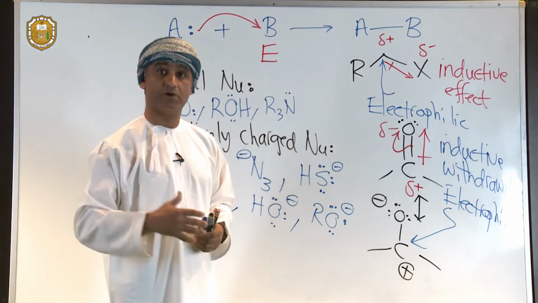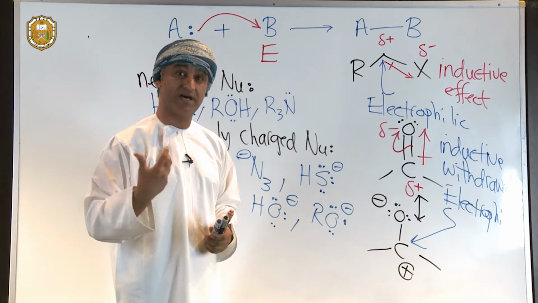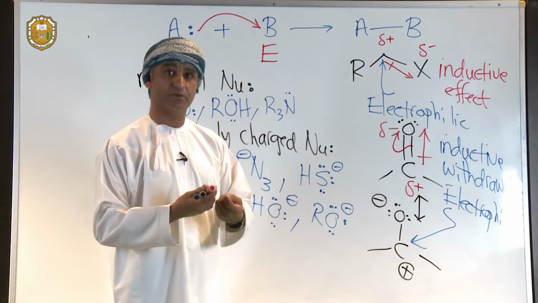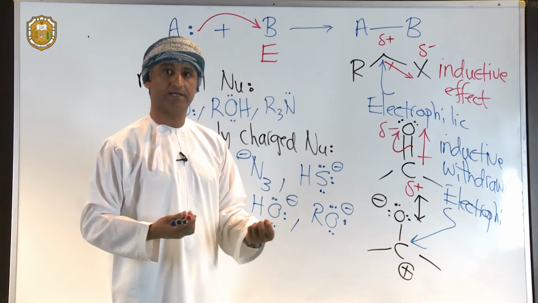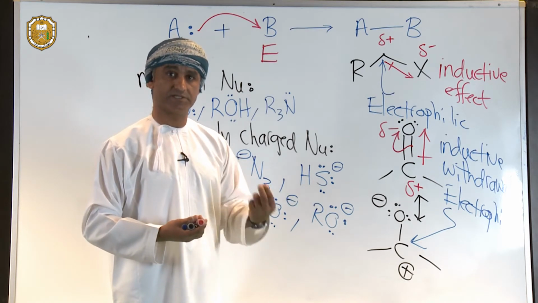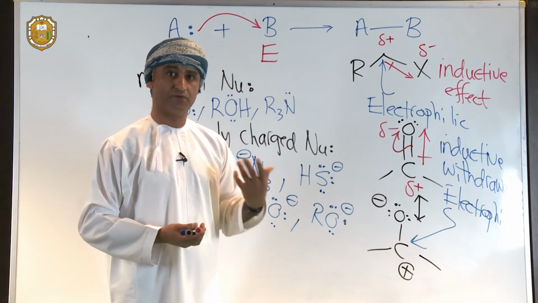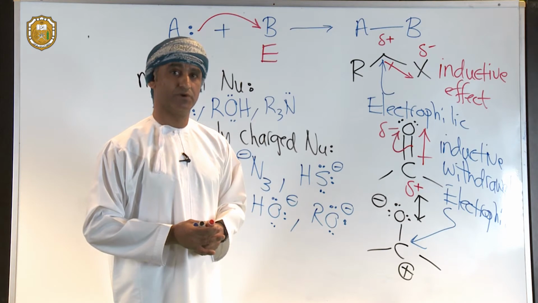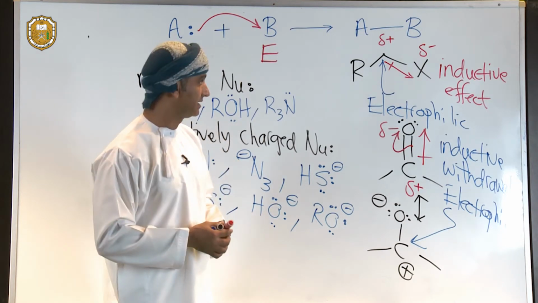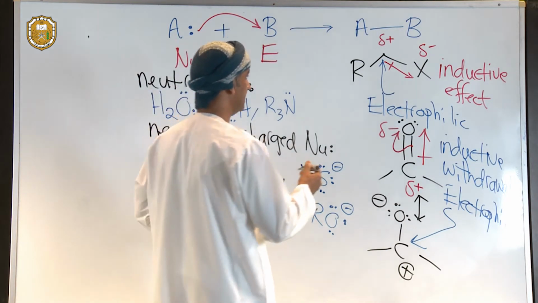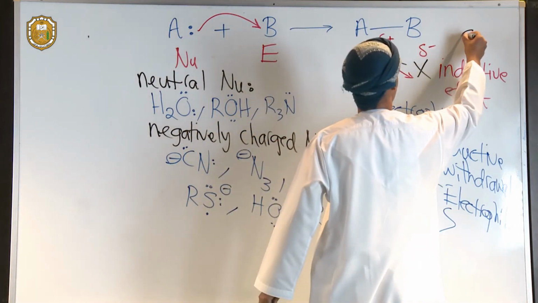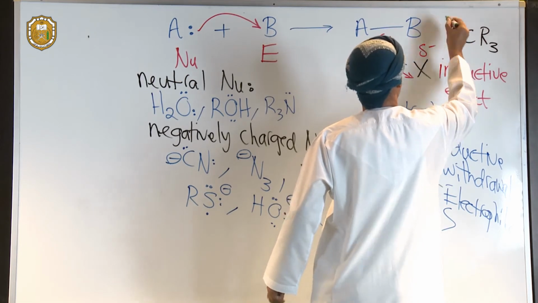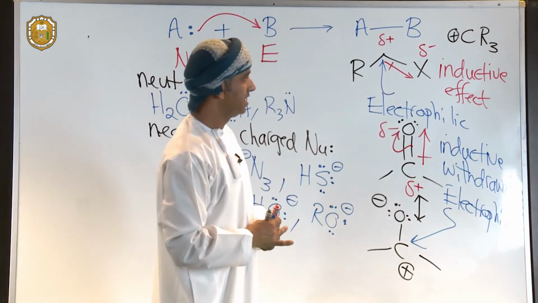We can think also of carbocations. Carbocations are formed when alkyl halides dissociate, when the C-X bond in alkyl halides breaks up, leaving an isolated positive charge on the carbon that was bonded to X in the alkyl halide. We are talking basically about a carbocation of this type, so something like CR3 with a positive charge on carbon.